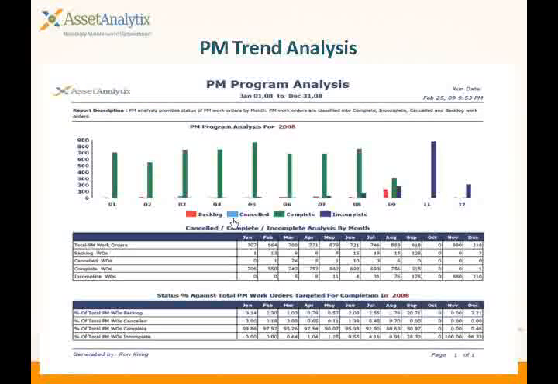The other thing, now let's look at the PM trend itself. Here it is showing all the work orders that are PM related, and you want to see whether the trend is upwards or downward.